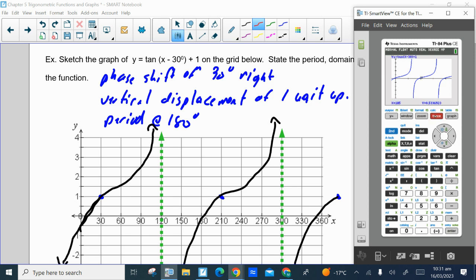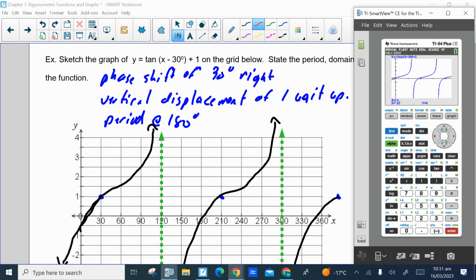So if I go into trace, actually I'll find my first 0. Second function, trace, I want to find the first 0, which is number 2. I'll put my left boundary at, say, negative 20 degrees, and my right boundary at 50 degrees. So it's at negative 15 degrees.